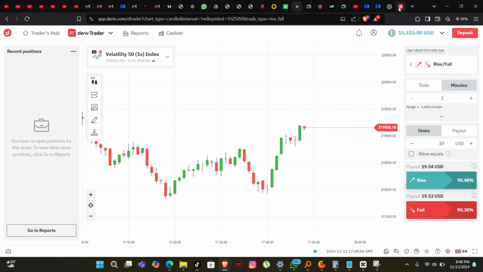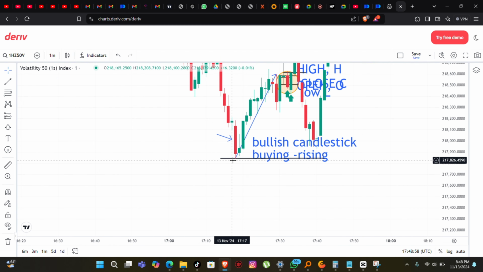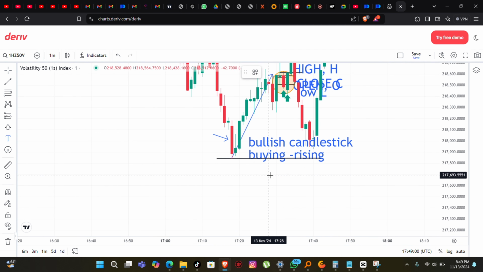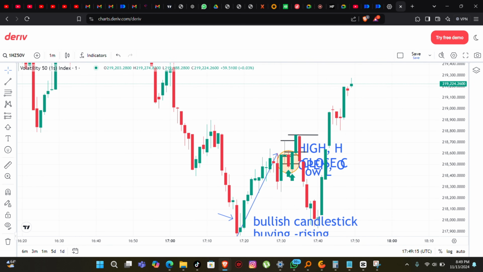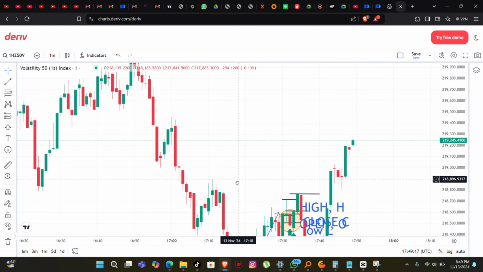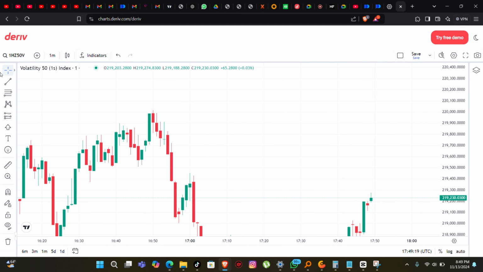For example, I can say that this is a support zone because venye hii market ilifika hapa, hii market ilianza kununua. So ni kama inashikiliwa ikifika hapo. So this market is now buying. On the other end, we have what we call a supply or a resistance zone.